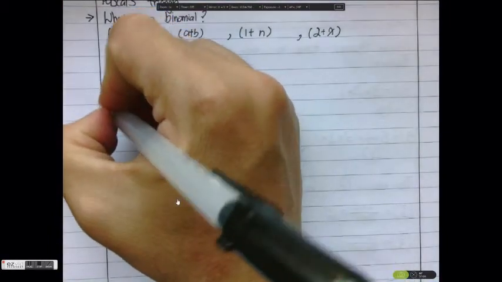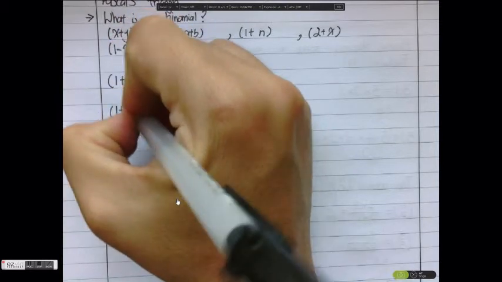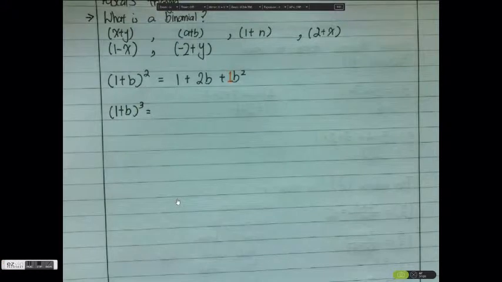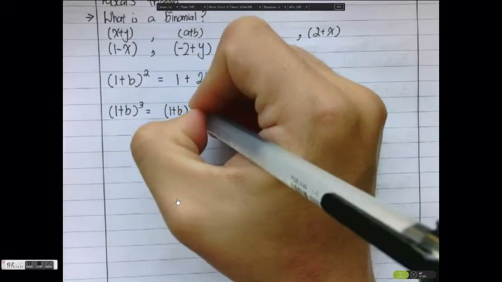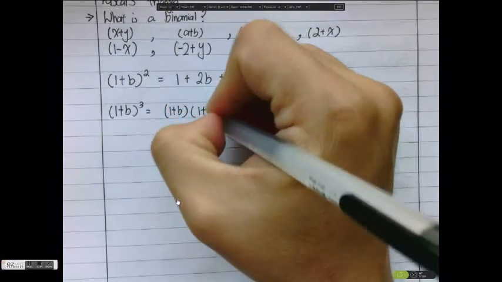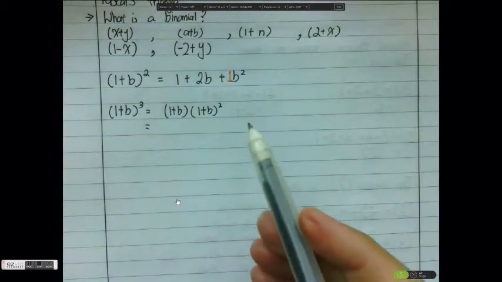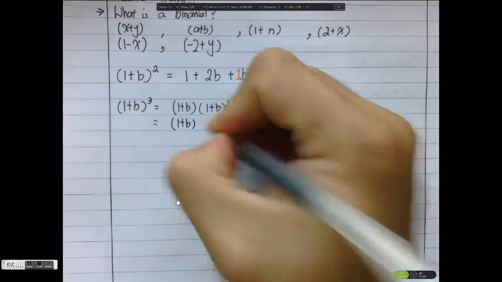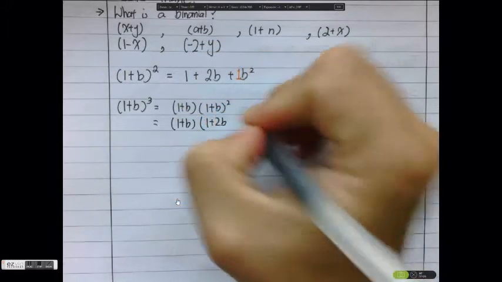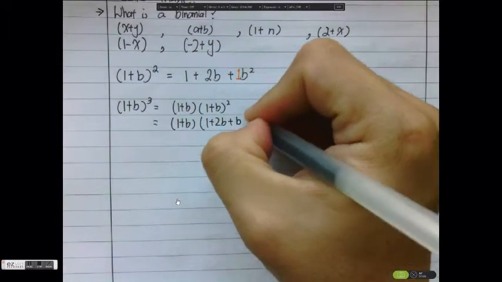Next one I want you to try is 1 plus b cubed. 1 plus b cubed is simply 1 plus b times 1 plus b squared. We have already done 1 plus b squared above, so let's not reinvent the wheel. So 1 plus b times 1 plus 2b plus b squared.